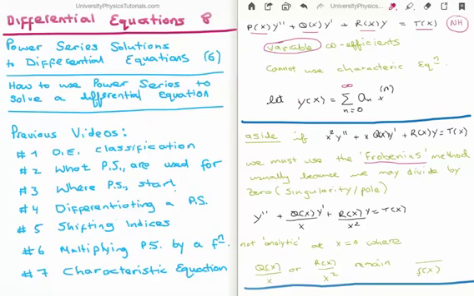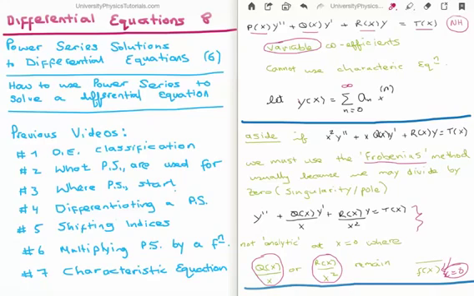So here I've divided across by x squared, and we note that it's not analytic at x is equal to 0. Not analytic means basically we're going to have a divide by 0 scenario at x is equal to 0. This occurs when either q of x divided by x or r of x divided by x squared remain as something over a function of x, because when we plug in x is equal to 0, we're going to get a divide by 0 scenario.